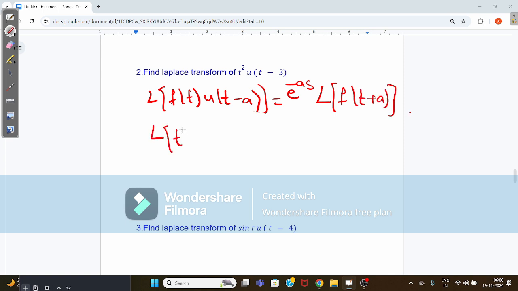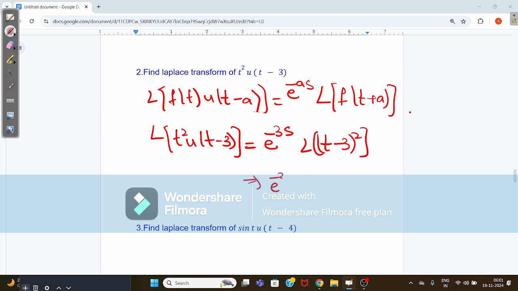L of t square u of t minus 3 can be written as e power minus 3s into L of t plus 3 whole square. So we can write e power minus 3s into L of, expanding this, t square plus 6t plus 9.